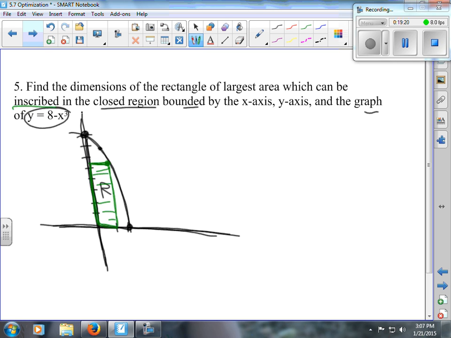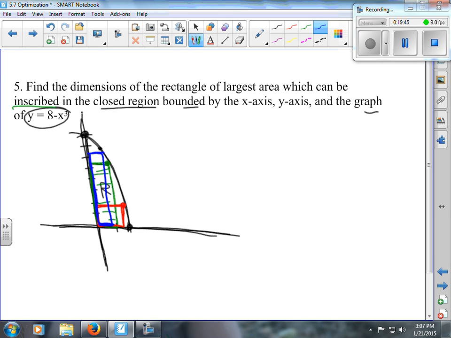It certainly looks like more area than, say, this rectangle here, which is also inscribed, right? Or perhaps this blue rectangle has more area. It's skinnier, but it's a lot taller. So the question is, how do I inscribe this rectangle to get the biggest area?